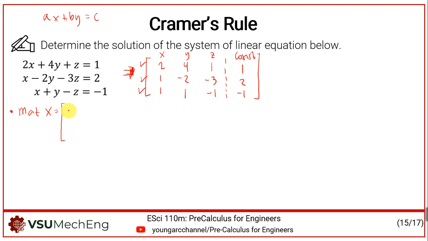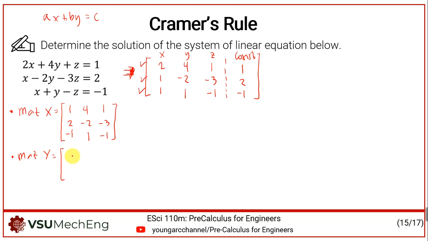For the first column, since we are to generate the matrix for the x variable, replace that with the entries under the constant column, so 1, 2, negative 1. Then the second column is for y, and the third column is for z, so 1, negative 3, negative 1.